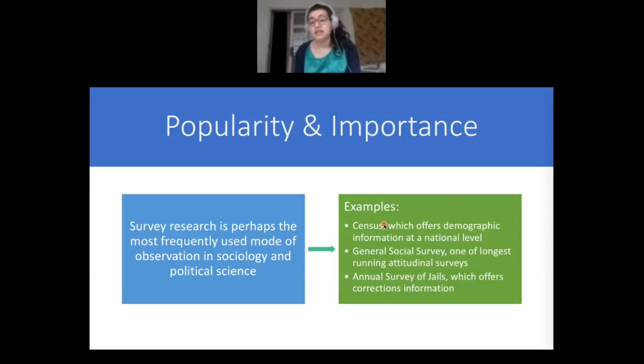And then there's the Annual Survey of Jails, which is interesting because often we think of surveys as the unit of analysis being individuals, people specifically. They're filling out a questionnaire, or a research assistant field worker is helping them fill out a questionnaire or taking their answers down.